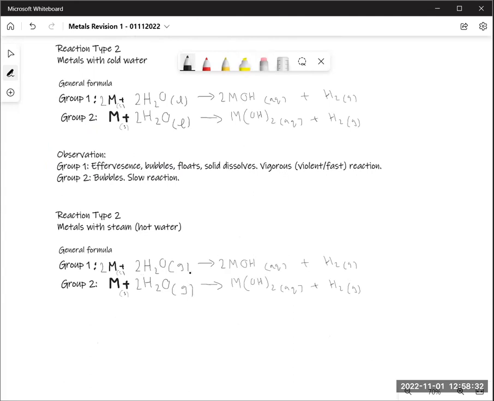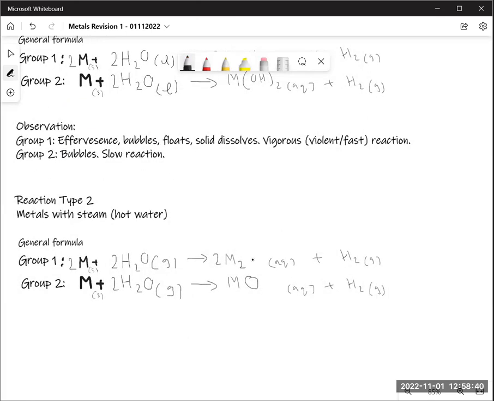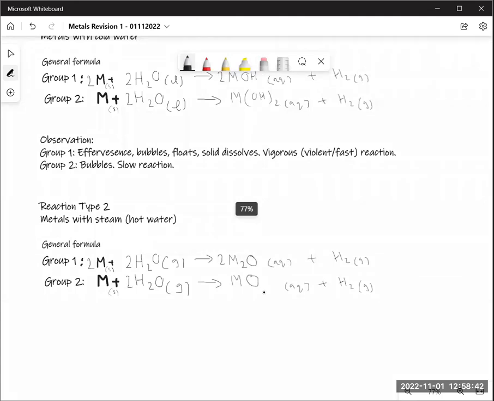Metal with gas, you won't get hydroxide, you'll get oxide. So MO and M2O. Let's balance this now. You have H2O. That's balanced, 2 and 2.